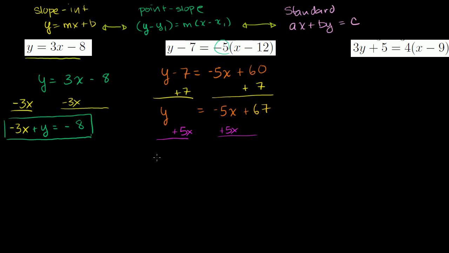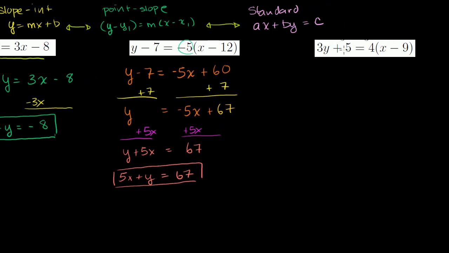And we will get y plus 5x is equal to, these cancel out, 67. Now, this is pretty much standard form. If you really want to be a stickler for it, you can rearrange these two. So it'd be 5x plus y is equal to 67. And you are done.